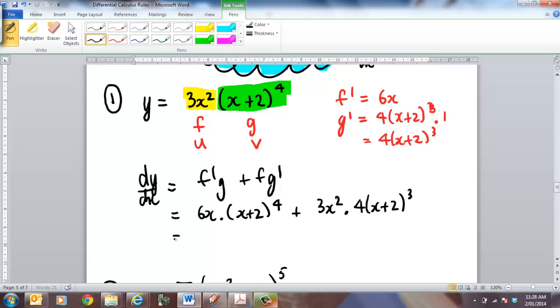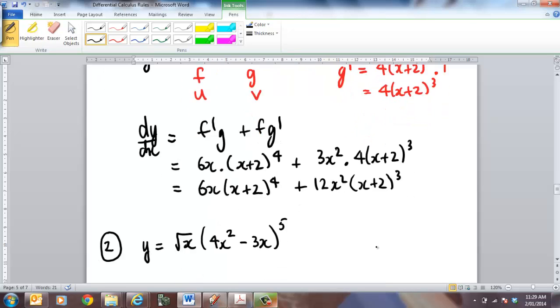Now you might see this simplified, in terms of (x+2)^4, and then you might combine these two things and make that 12x squared (x+2)^3, and sometimes you might even bring out that x plus 2 as a common factor as well.